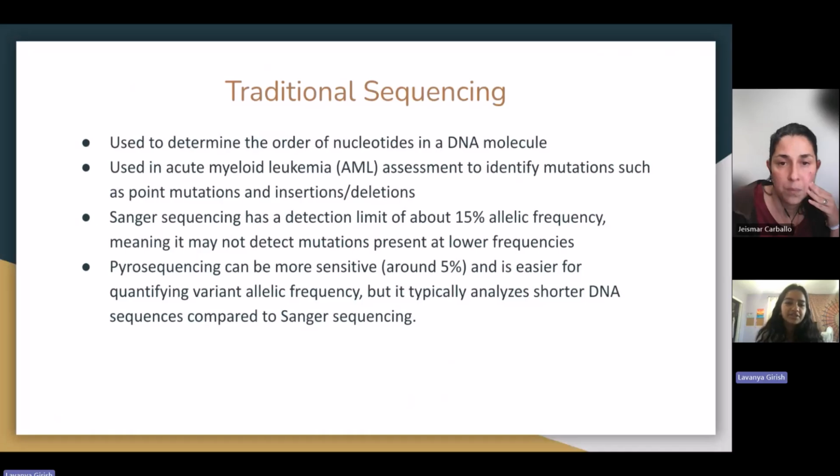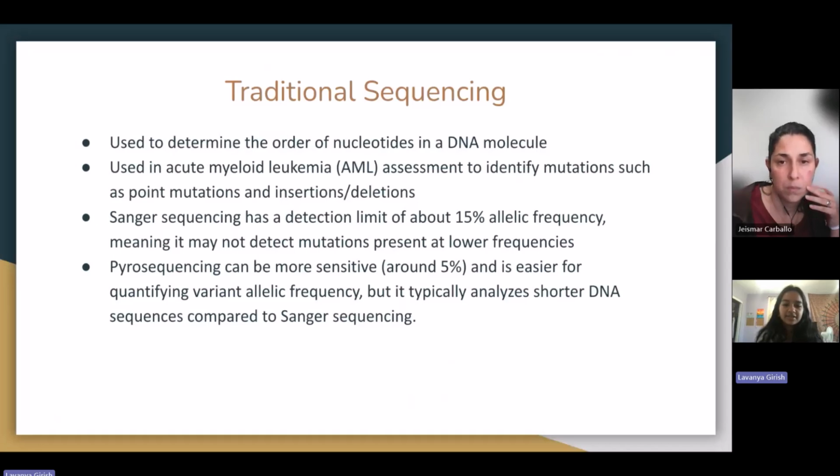And then traditional sequencing is used to determine the order of nucleotides in a DNA molecule, and it is used in AML assessment to identify mutations such as point mutations, insertions, and deletions. The most popular one is Sanger sequencing, and it has a detection limit of about 15% allele frequency, meaning it cannot detect many mutations that are present at lower frequency.